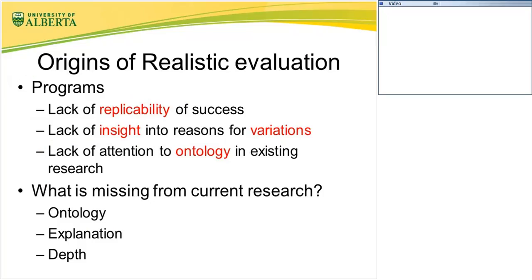And finally, in relation to how we can explore that why, traditional evaluation and trial methods have placed a lack of attention to ontology, on what is really going on in existing intervention research. And realist evaluation was an attempt to write ontology back in, to bring explanation back in, not just exploring whether interventions work or not, but looking at why they work when they work and why they don't when they don't, and addressing this why question in some kinds of depth.